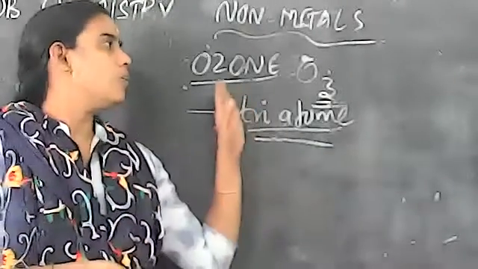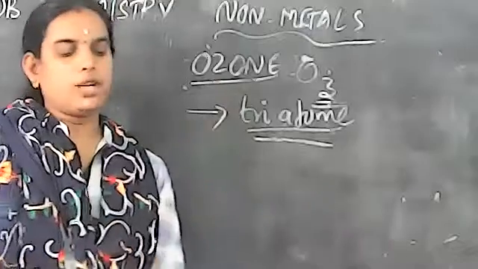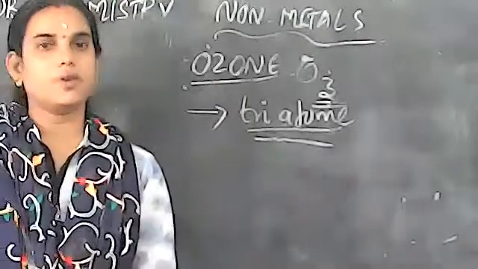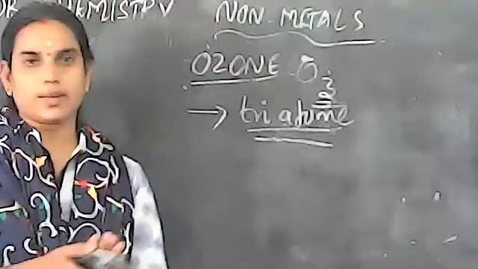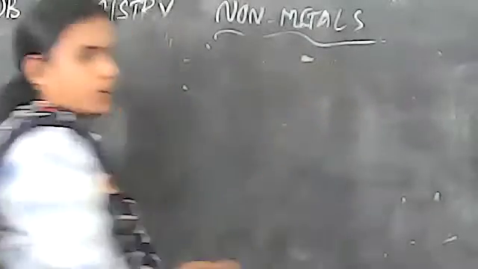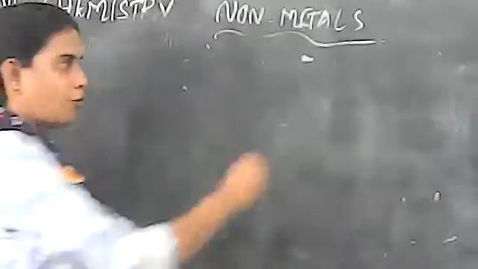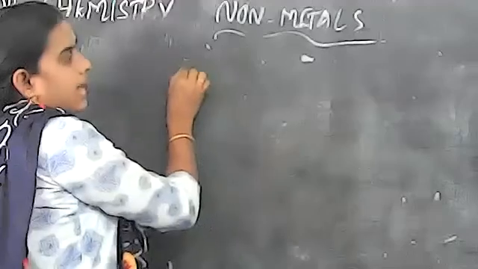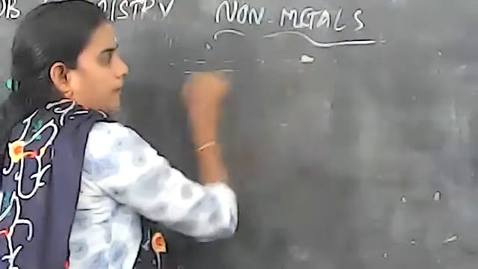So what is the use of this ozone? We know that ozone is used to protect against UV rays. Let me discuss how ozone gas is formed. The atmosphere contains a lot of gases.